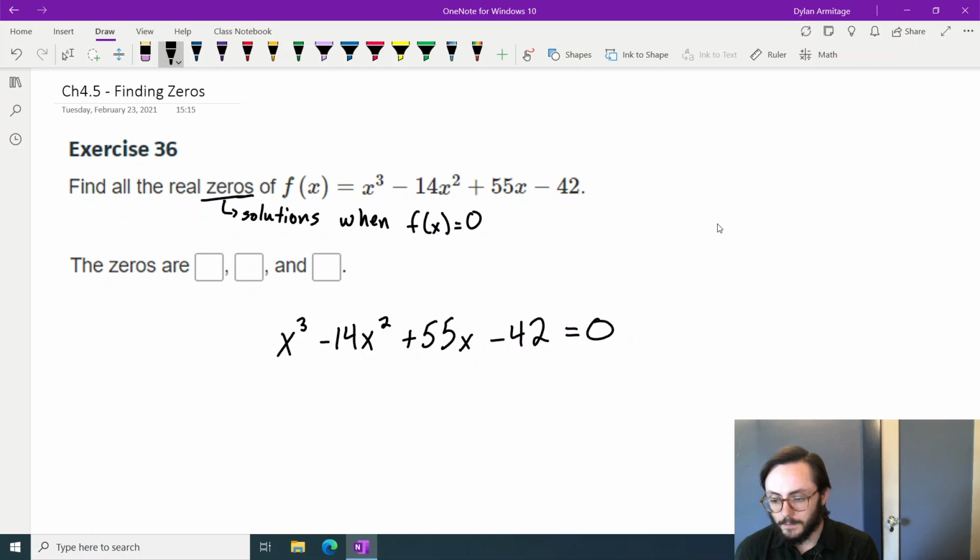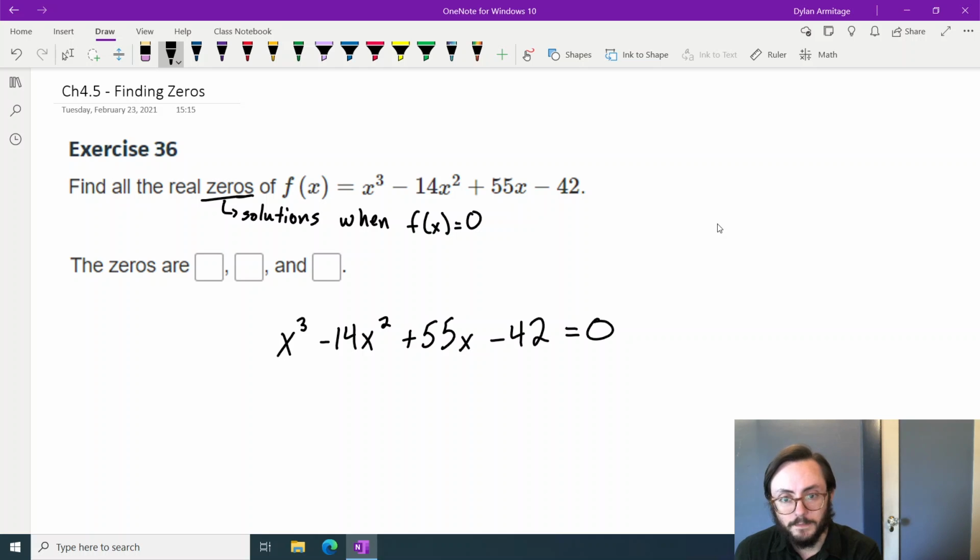Okay, let's see, methods that we've used for finding zeros or factoring before. We can't use the quadratic formula or the x factor box method, because this isn't a quadratic. Can we do it by greatest common factor? No, there's no common factor for all terms.